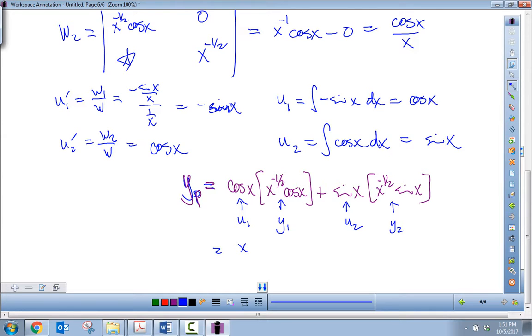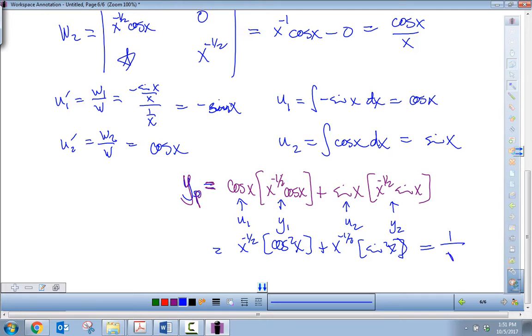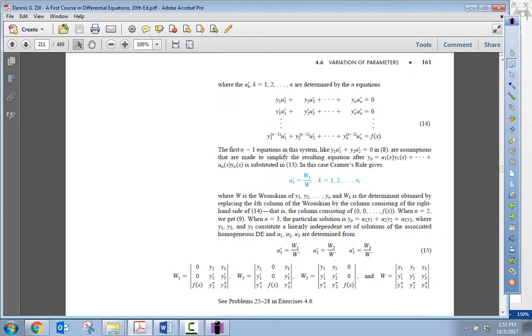So it's 1/2 cosine squared x plus, oops, negative sine squared x. So we can factor that out. 1 over square root of x. Wow, okay. All right, let's see if it works. I'm going to have a drum roll or something.